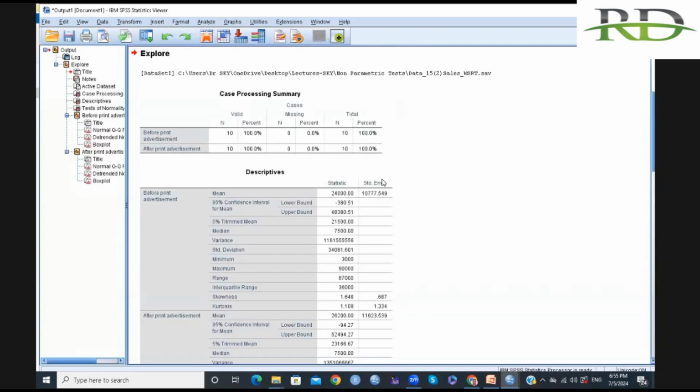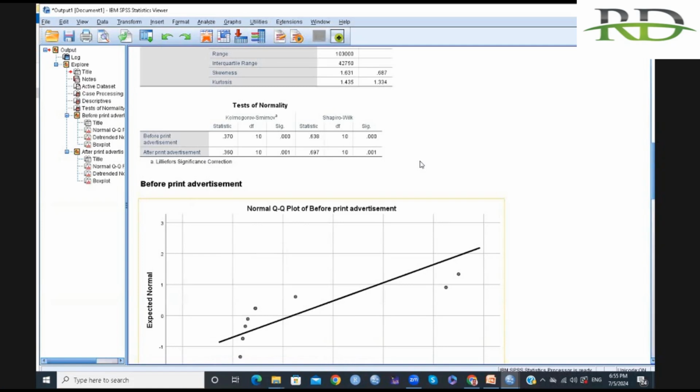So first you have to check the normality. See this. So this is showing that both the tests are showing for both the variables, both the data, that the data is not normal, because the p-value is very much less than 0.05 in both the tests and for both the observations.